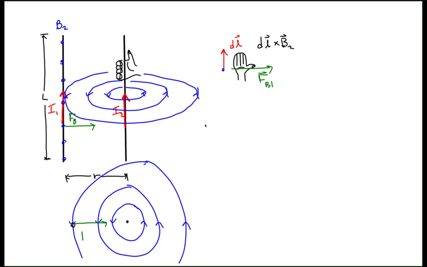And remember, this is the same magnetic force, but opposite in direction as the force on wire 2 from the magnetic field of wire 1. Now, Newton's third law told us this as well, because Newton's third law says the force of interaction between two objects is equal in magnitude and opposite in direction.